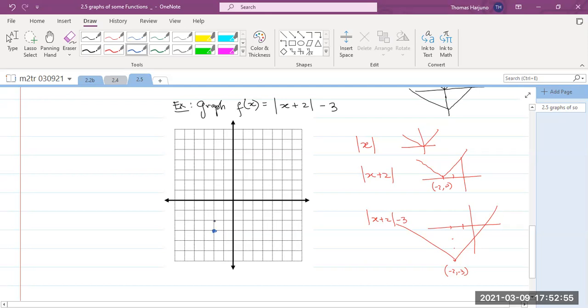From that vertex, we follow the graph of the original absolute of x, in which we go slope 1 to the right, 1 unit to the right, up 1. The slope is 1. It's supposed to go up. Then on the left hand, the slope is negative 1.